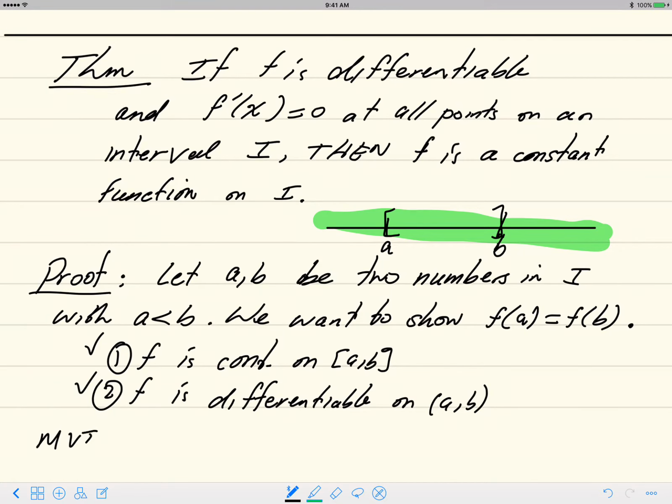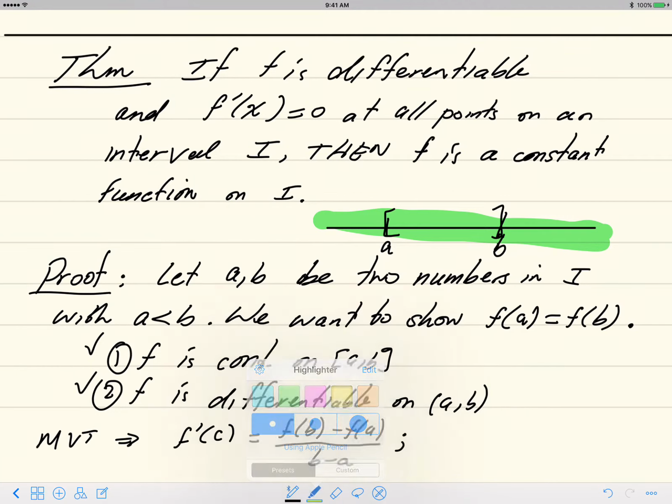So the mean value theorem implies that f prime of c is equal to f of b minus f of a over b minus a for at least one number c. But since we know that the derivative is always 0, even at this number c, the derivative must be 0.